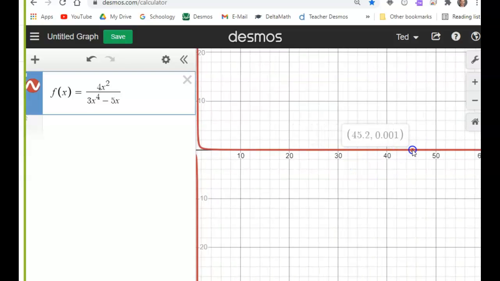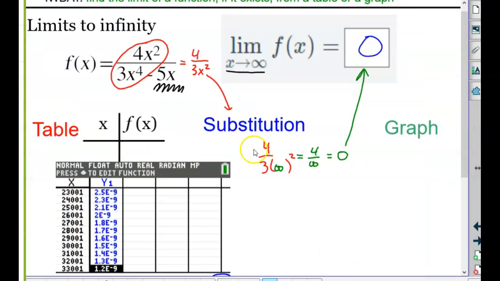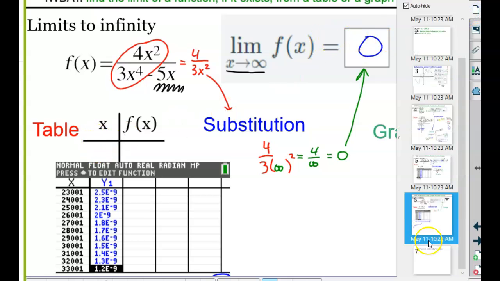You can see your y values are getting very, very small, but they'll never turn negative. So they're going to go right into 0. So via a graph, it's that same answer. So 3 ways to think of it. Table, graph, substitution. You might not be comfortable with substitution right now. If you can get it from a graph or a table, you're in the right spot.